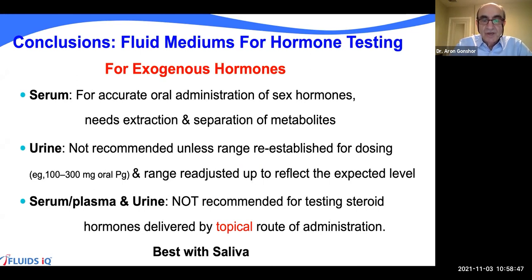If you want to use serum, you're going to need to extract and separate the metabolites in a way which is quite cost prohibitive and frankly is not the way to do it. Urine is not recommended unless the range is reestablished for dosing and the range is readjusted upward to reflect the expected level. Serum and urine is not recommended for testing steroid hormones that are delivered by a topical route of administration. There, if you're going to do it, it is best with saliva.